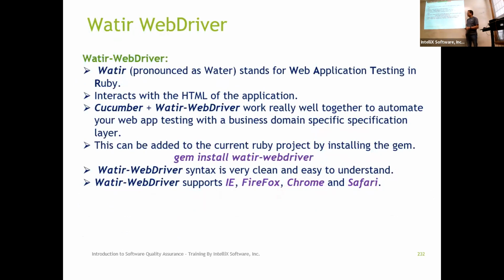Watir, I think I already told you, and Selenium both support multiple browsers. Because essentially what happens in the automation, you write your automation test, and when you execute it, you open a browser window, then you interact with it. Interact meaning go to a certain page, input data, click on something, and verify the result.